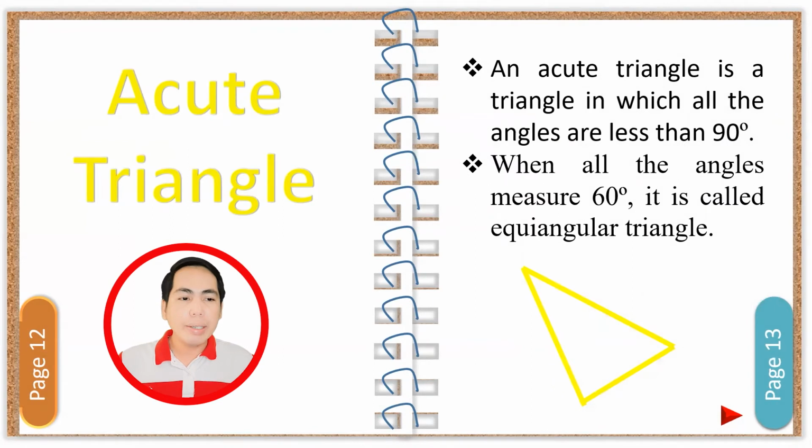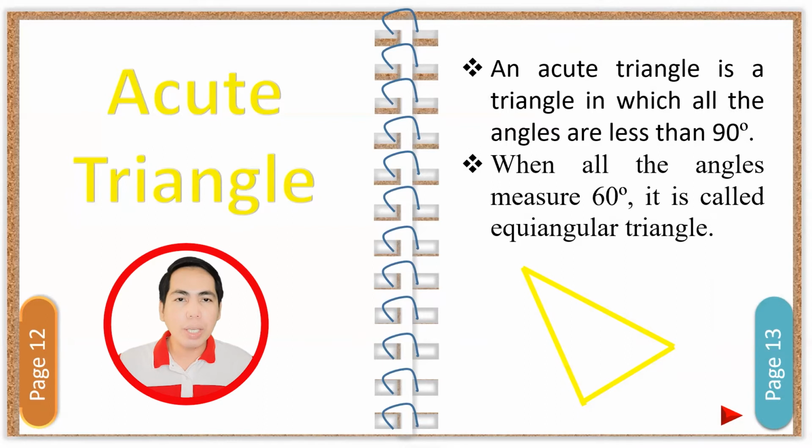An acute triangle is a triangle in which all the angles are less than 90 degrees. In other words, the measure of each of these 3 angles is less than 90 degrees. When we have an acute triangle in which all the angles measure 60 degrees, it is called an equiangular triangle.